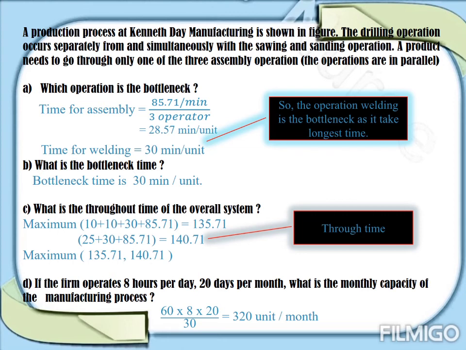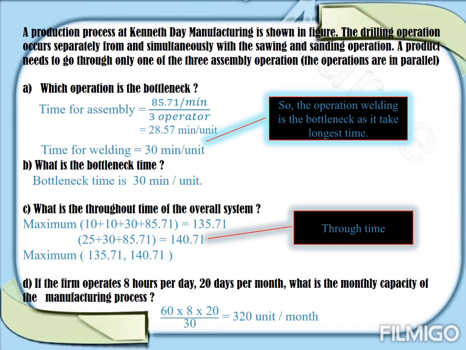The possible paths are sawing, sanding, welding, assembly, which is path A, and drilling, welding and assembly, which is path B. Throughout these two pathways we have to find out the bottleneck cycle time, that means the highest time consumption. A similar way as the previous sample is applied here.